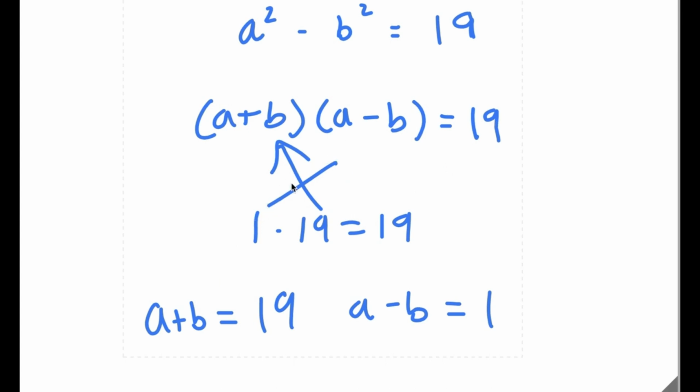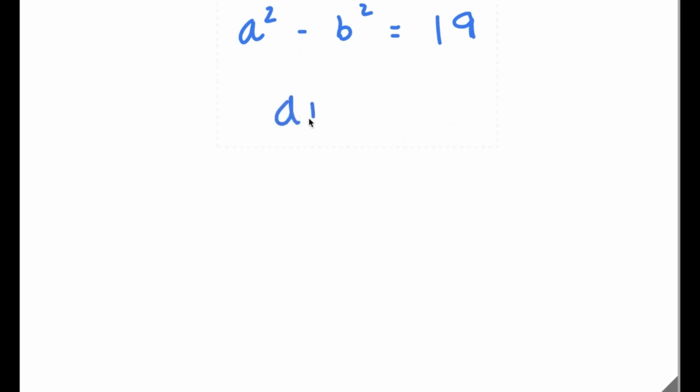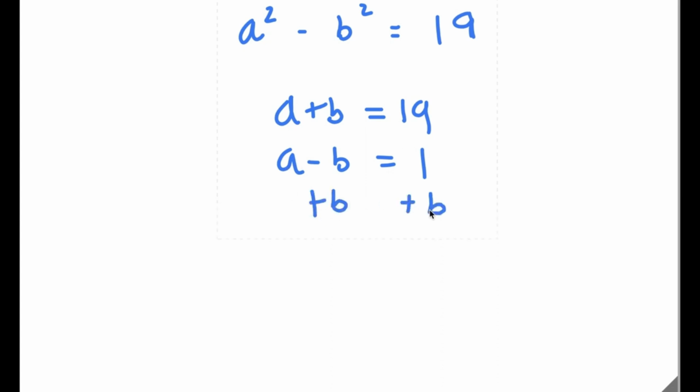So now that we know this, we know a plus b is equal to 19 and a minus b is equal to 1. We can simply solve for a and b because this is a system of equations. So if a minus b equals 1, I'm going to add b on both sides and subtract 1 on both sides.